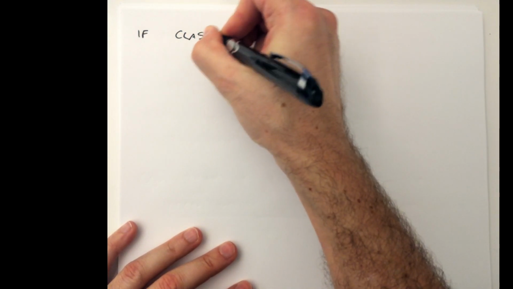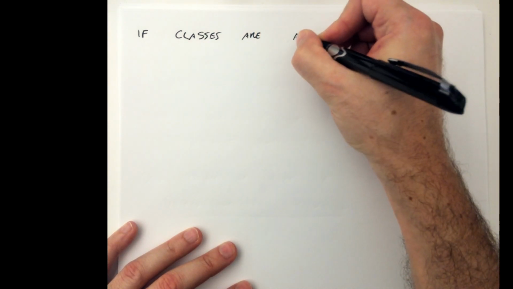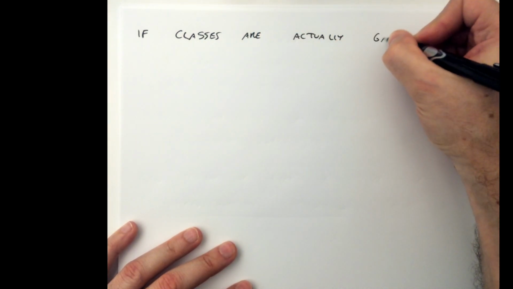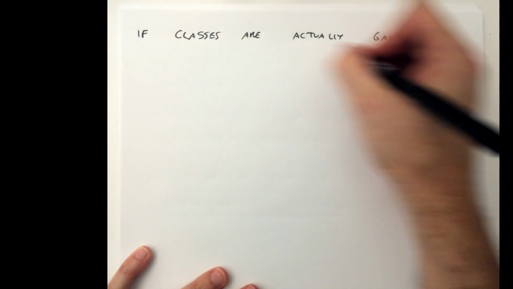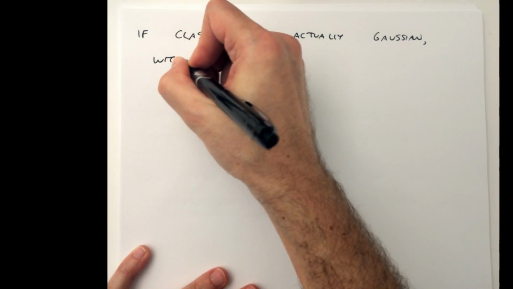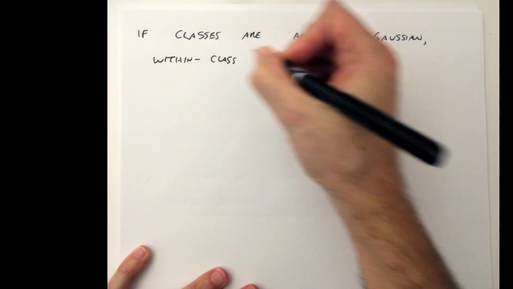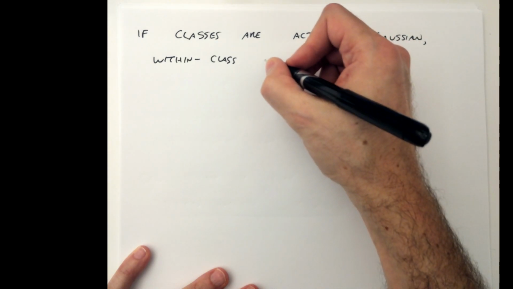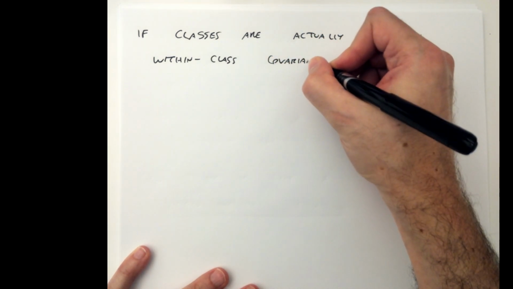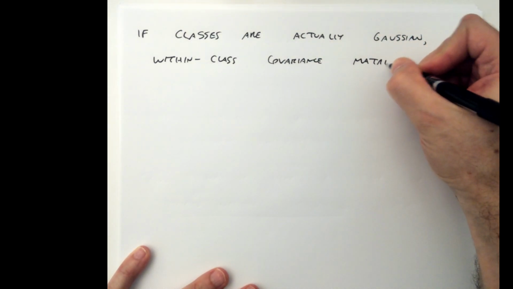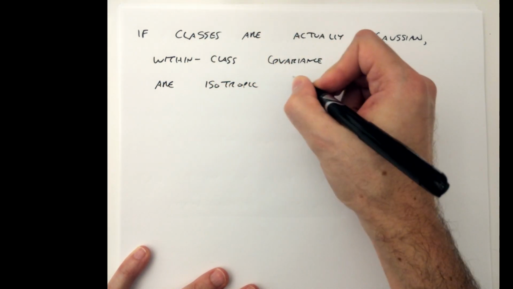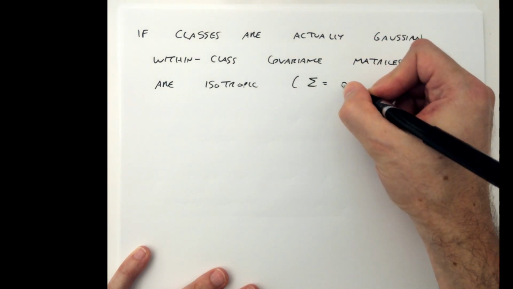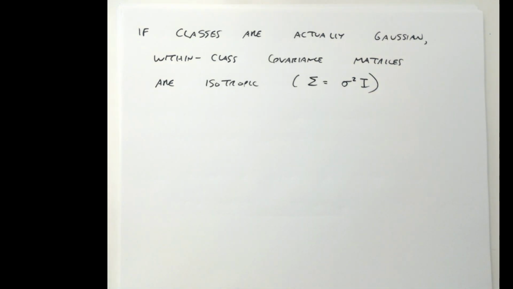If classes are actually Gaussian, and the within class covariance matrices are isotropic, what that means is that the sigmas are equal to basically just circular probability contours, like the identity matrix.